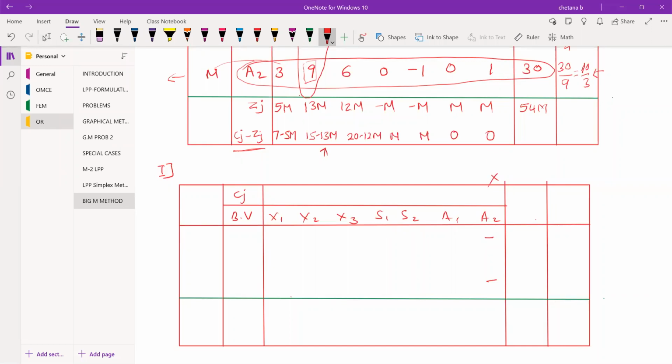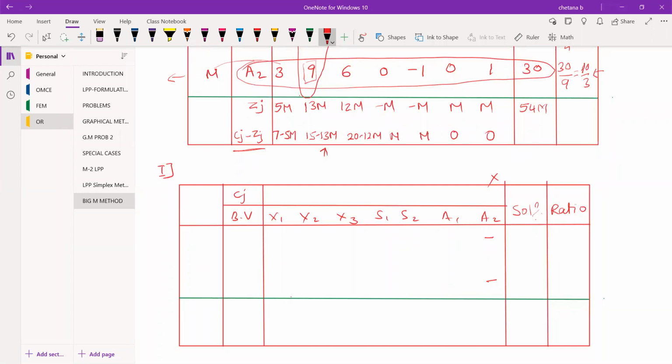If you don't consider A2 in the next iteration, that is also fine. If you are considering it, you will have to put A2. This shows that A2 is the leaving variable, or it has exited the picture. So you can write A2 with a dash, or you can just delete A2 in the next iteration. That indicates that it is the leaving variable.